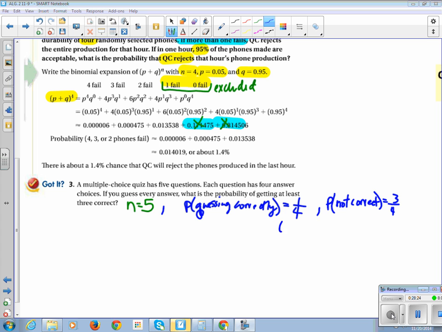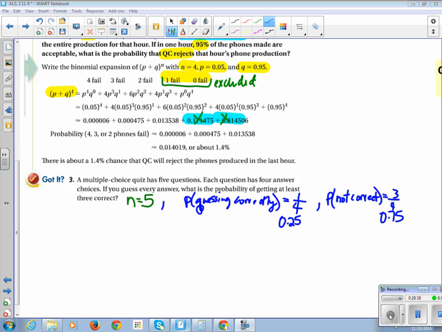So this is 0.25. This is 0.75. If you guess every answer, what is the probability of getting at least 3 correct? So this would be p plus q to the 5th power.